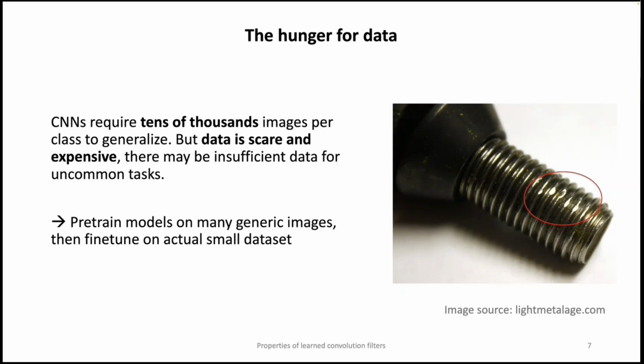So you're literally screwed. A solution for this is to actually pre-train your model on a very large amount of generic images that are as closely related to your image as possible, and then to fine-tune the model on your actual data set. So that way you can reduce the amount of images that you really require, and this is of course because data is very scarce.